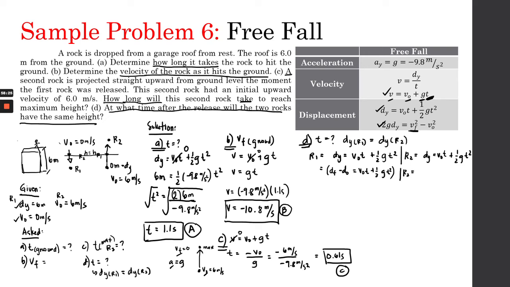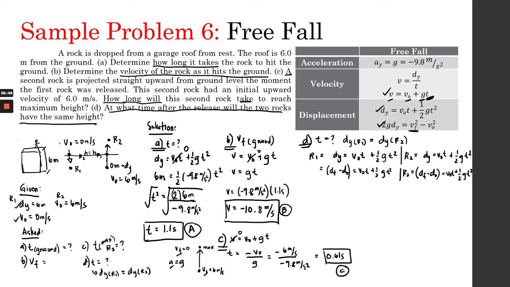This distance can be separated into the final distance minus the initial distance for rock 2 is equal to v0 t plus 1 half g t squared.